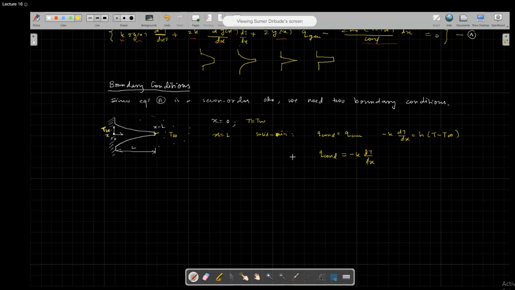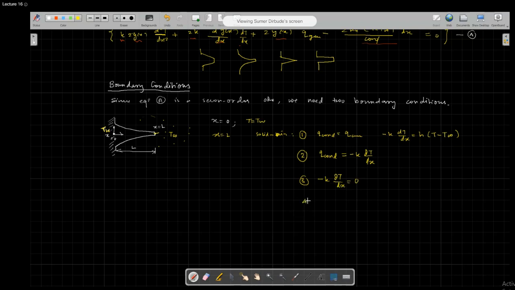So this is another boundary condition. If it is an insulated boundary condition, meaning Q conduction is 0, then you can write dT/dx is equal to 0. This is another boundary condition.